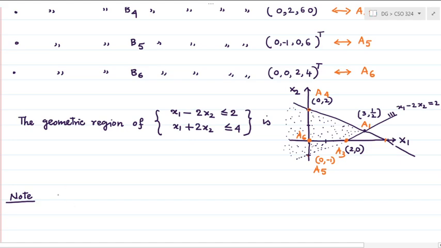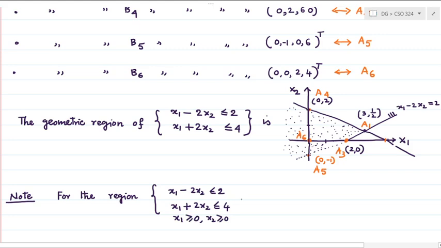Therefore, for the region, if we take into account these two inequalities together with the non-negativity restriction, x1 plus 2x2 less than or equal to 4, with x1 non-negative, x2 non-negative, for this region, the basic feasible solutions.